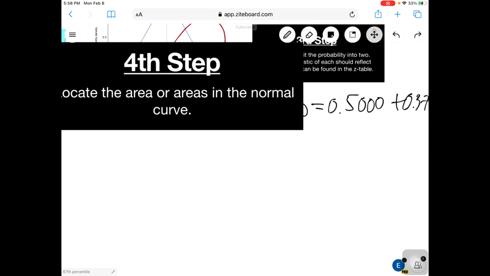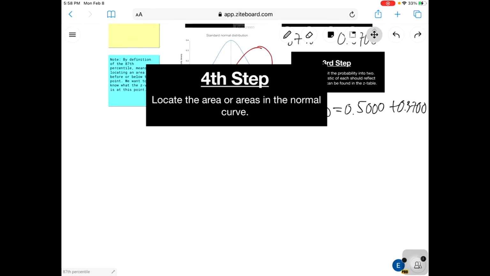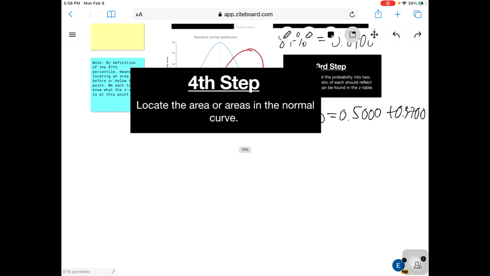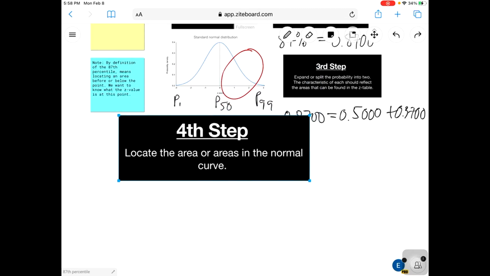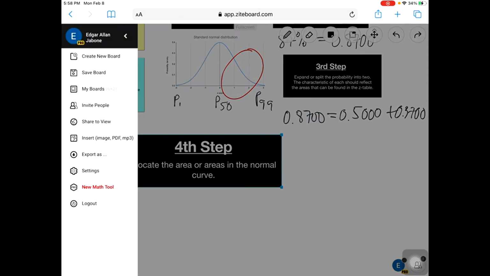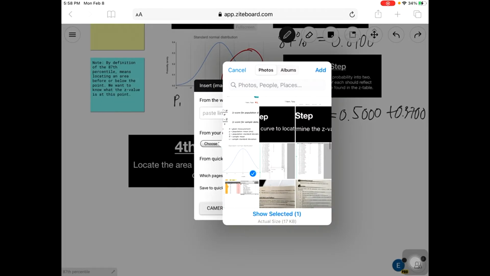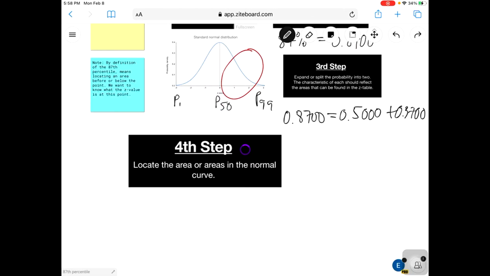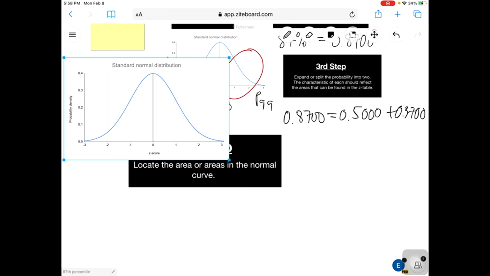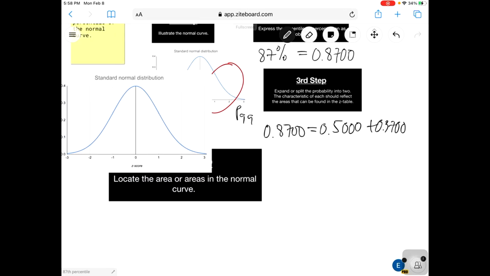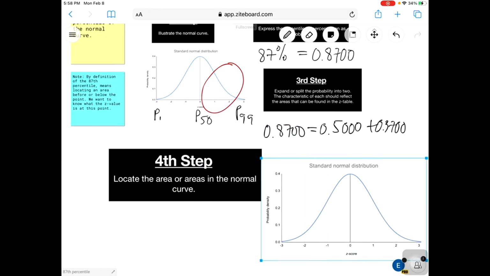And we have to add the normal curve again. I'll be able to show it to you clearly. So here, let me just move this a little and move this to the right.